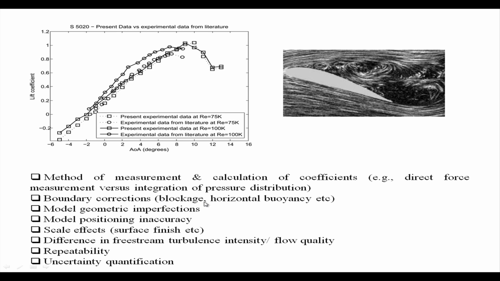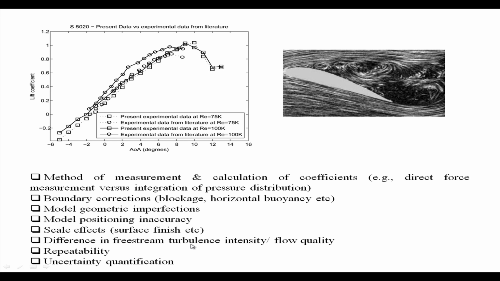Yeah, the blockage, you have discussed it in the morning, blockage, horizontal buoyancy, there could be so many different issues. The tunnels are different, so we will have different turbulence intensities which can make a difference, the flow qualities could be different. It is very difficult to quantify all that. There could also be other sources I have already discussed, model geometric imperfections, surface finish issues, positioning inaccuracy.